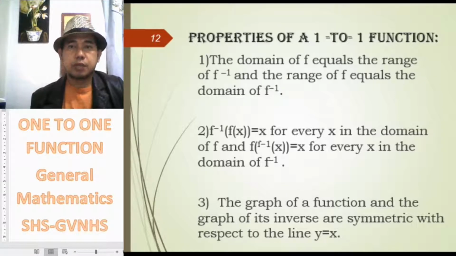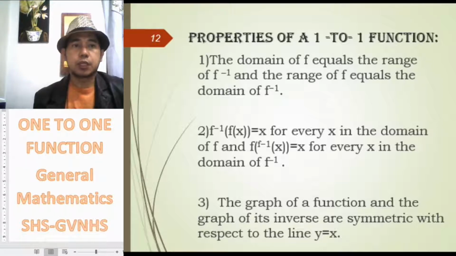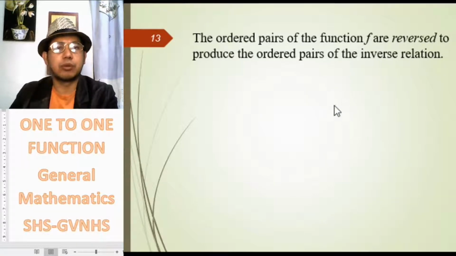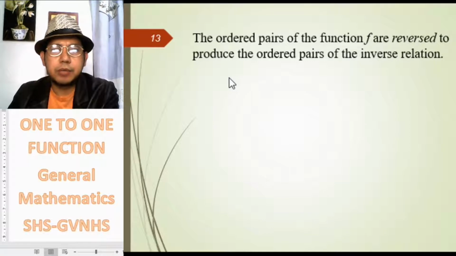To understand these properties, I will explain them using a given illustration in the next slide. The ordered pairs of the function f are reversed to produce the ordered pairs of the inverse relation or function. This speaks of property number 1.